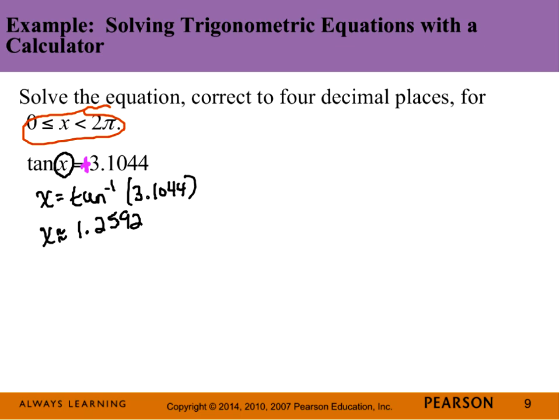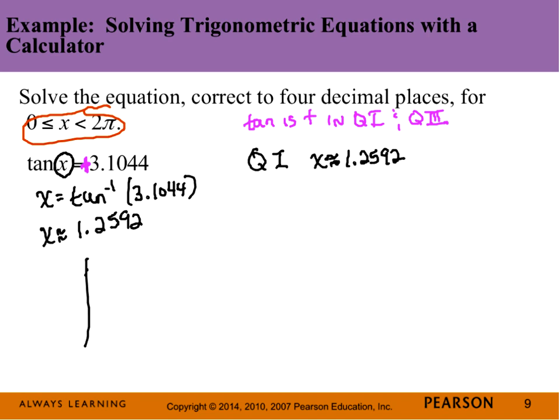Now, we know that the tangent is positive, so we're trying to find the tangent of x for positive 3.1044. We know that the tangent is positive in quadrants 1 and 3. So in quadrant 1, I have that x is approximately 1.2592.